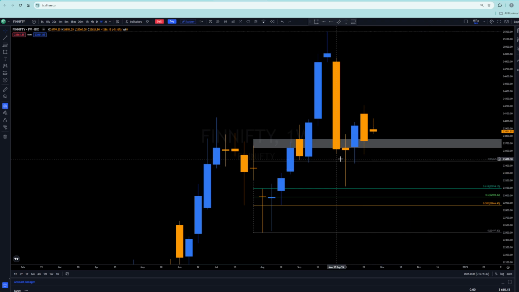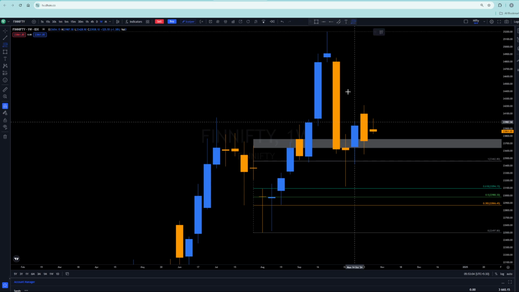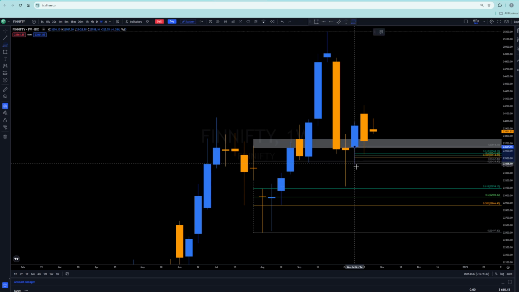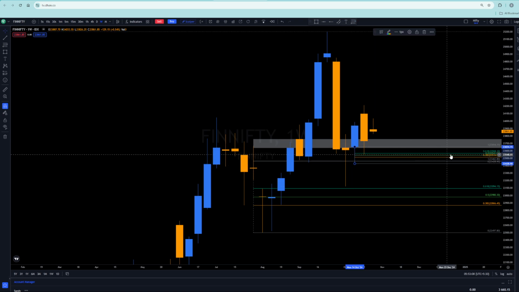And same thing happened in the following week as well, 14th October. If you're focusing on that wick, it just came to that 0.618 levels and 0.5 the midpoint, and then it went back from there.